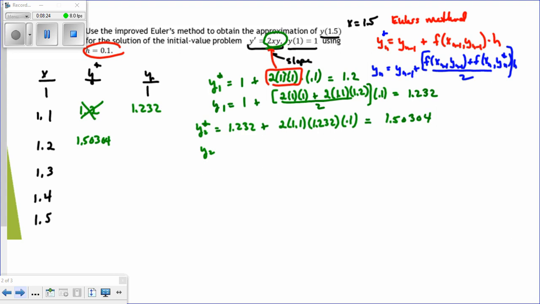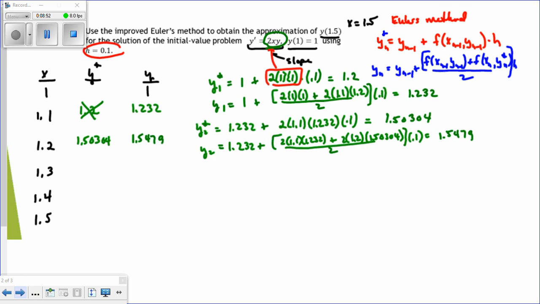So now our y2 will be, again, the previous y, and now take the two slopes, 2 times 1.1 times 1.232, plus 2 times 1.2 times 1.50304, that's the estimated value, divided by 2, and then times the 0.1. And that comes out to be 1.5479. So now that's what we're going to use, and we're going to ignore this one.